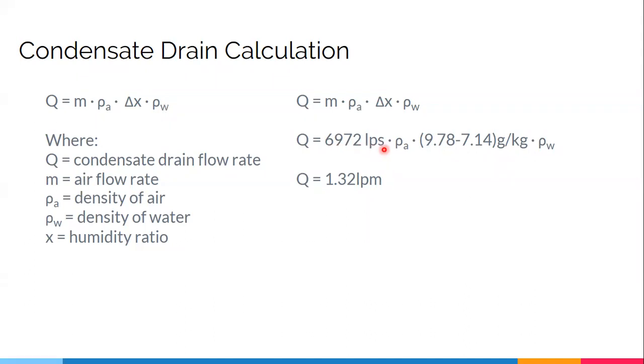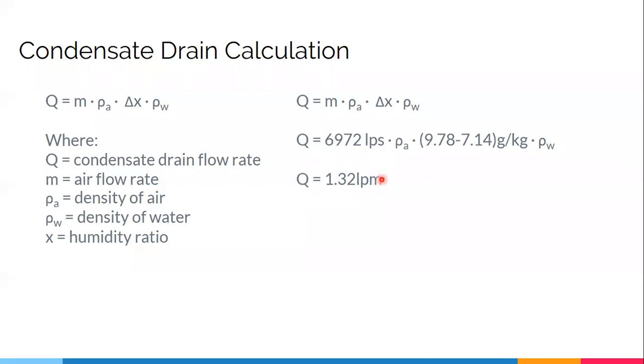This liters per second multiplied by the density of air will give you kilograms of air, and this gram of water multiplied by the density of water will give you liters of water. That's why our resulting equation is in liters per minute. The seconds just convert to minutes. So, 1.32 liters per minute.